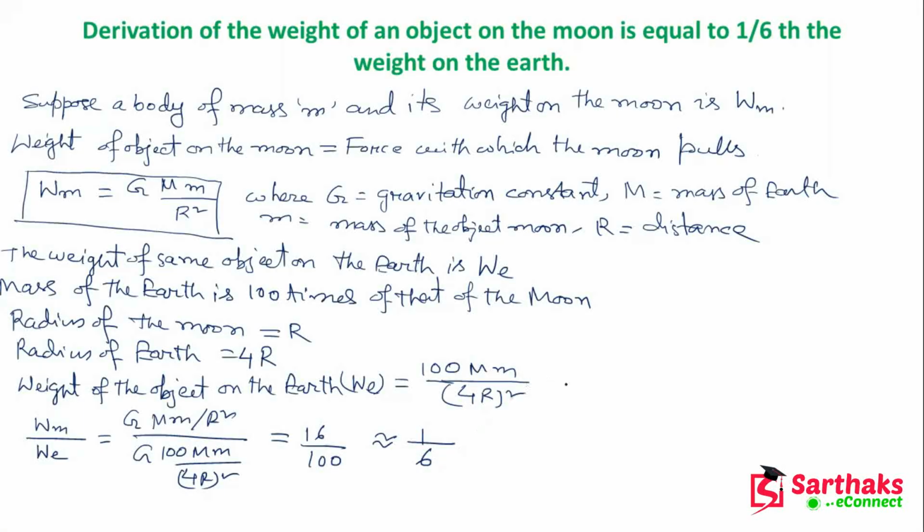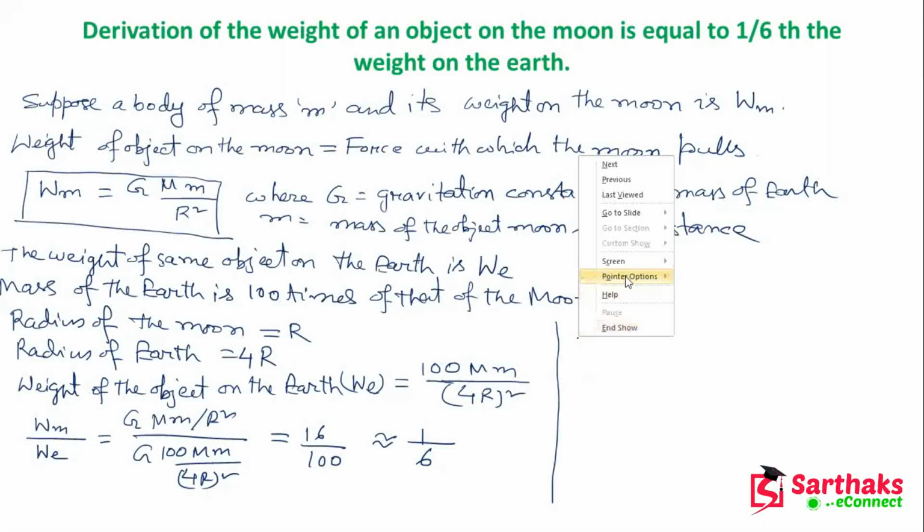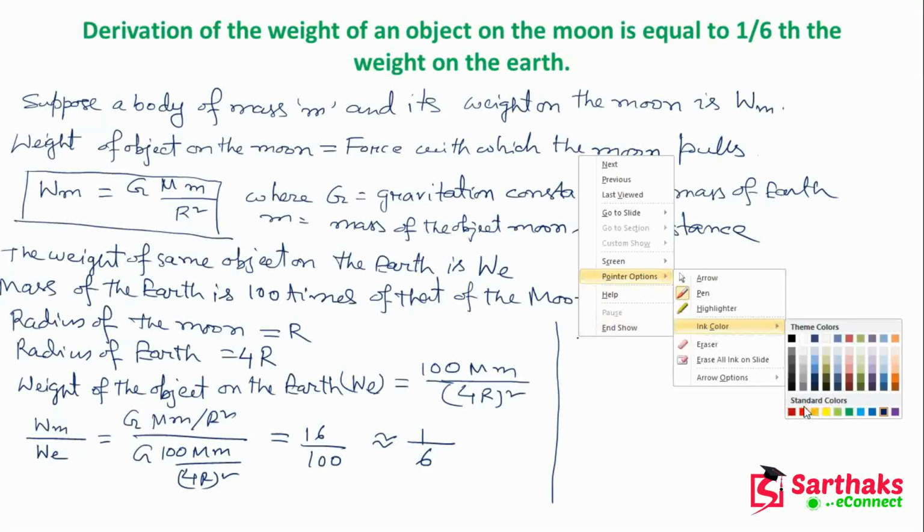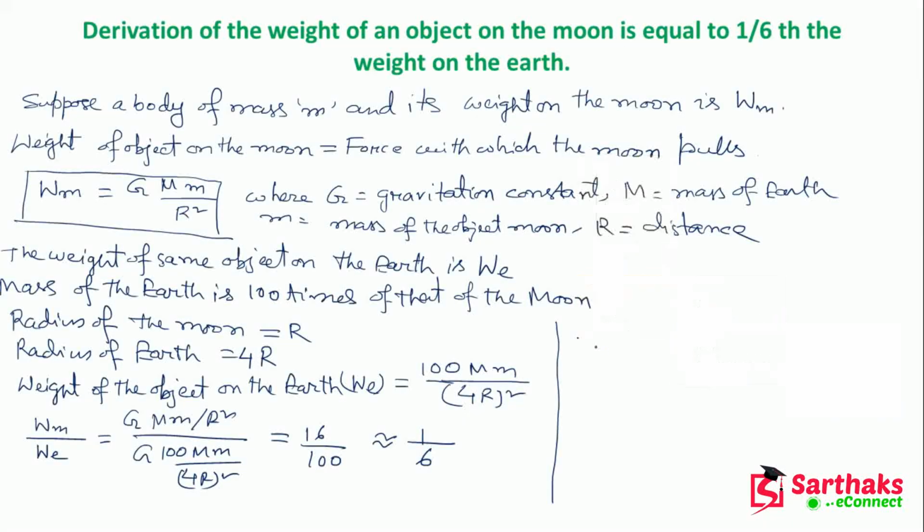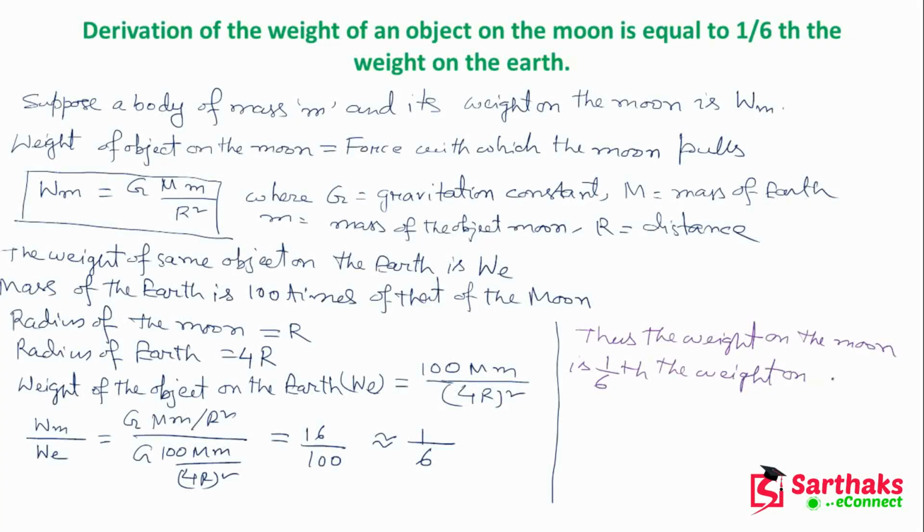So in conclusion we may write, thus the weight on the moon is 1/6 the weight on the earth.